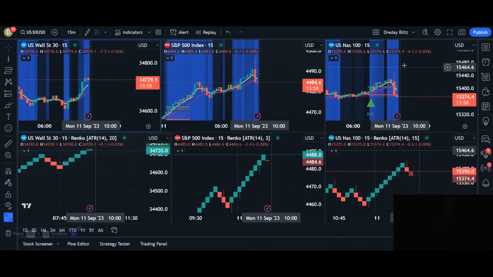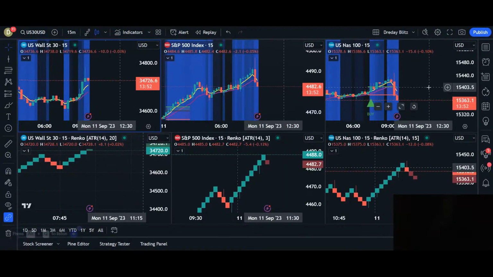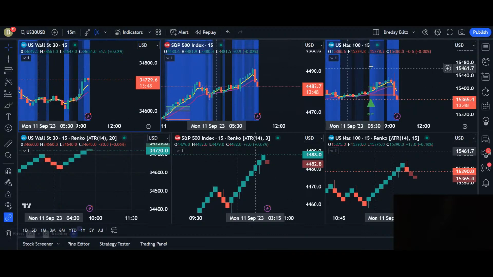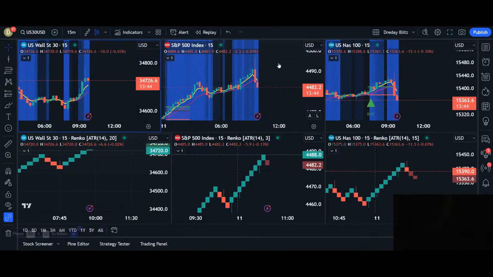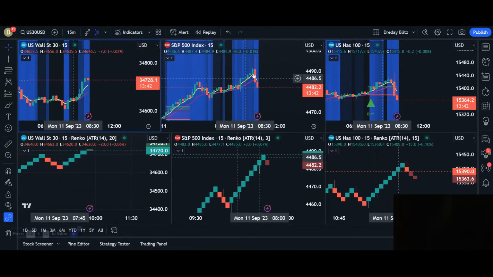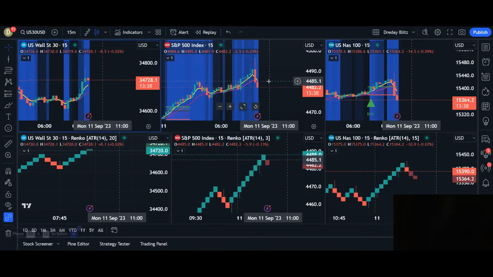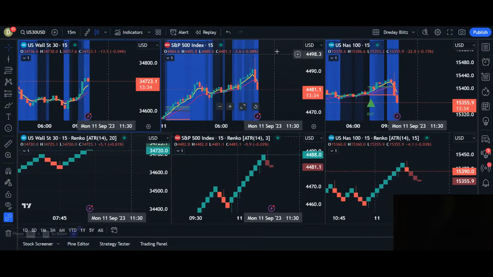but we do see that the Royal indicator in the back, the blue color scheme, is showing good momentum. So if it lines up with your technical analysis, it would be a good trade to take. Same thing for US 30.